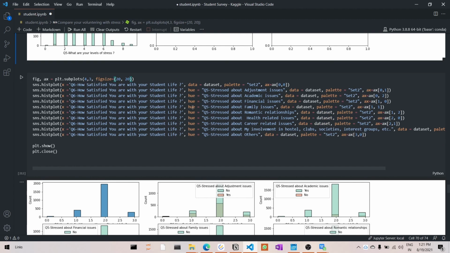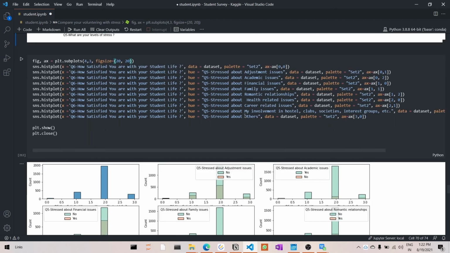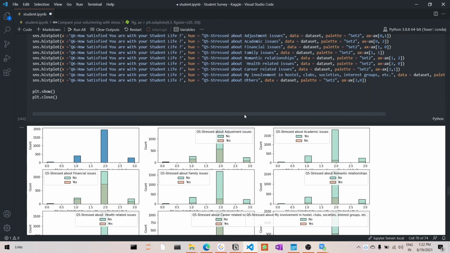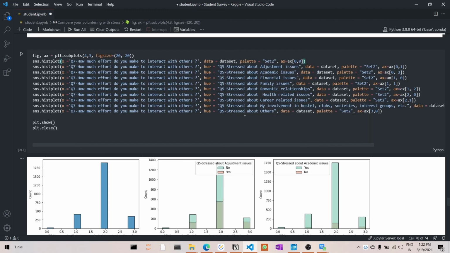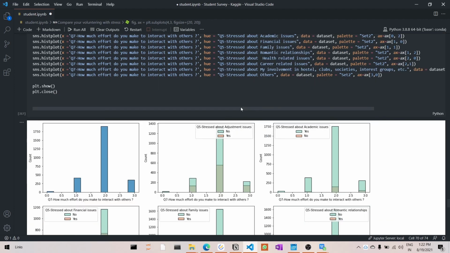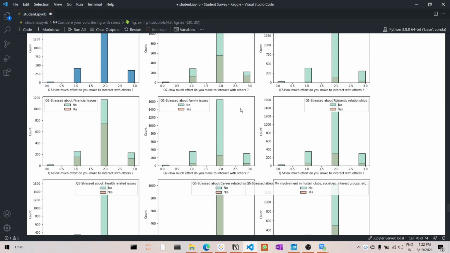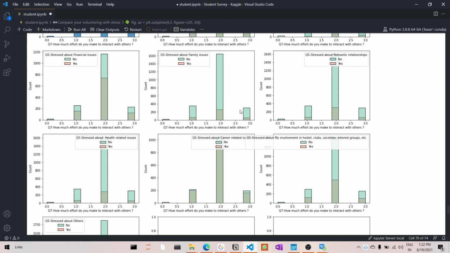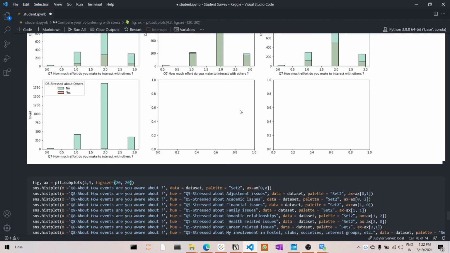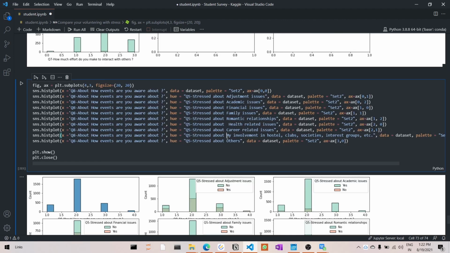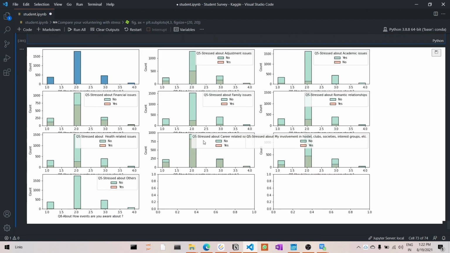Then you can also see how satisfied you are with your student life and then various stress. Then how much effort do you make to interact with others and various stress count. Then at the last we can see how many events you are aware of and the various stress.